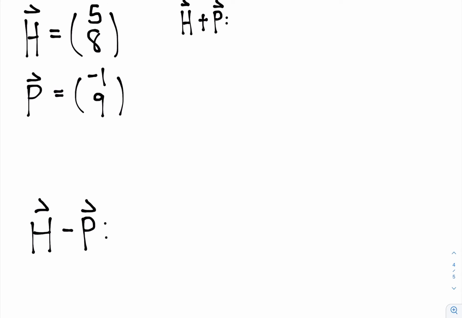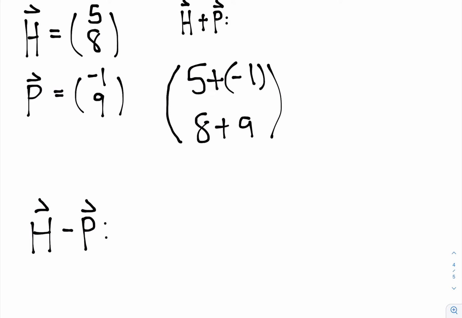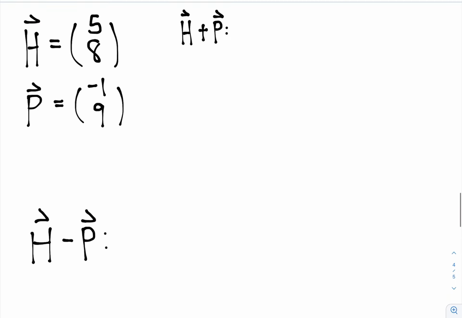So the new components of this vector are going to be 5 plus -1, and then the y components are going to be 8 plus 9. So we're just adding the two components together from each respective vector. And 5 plus -1 is 4. So this is going to be 4, and 8 plus 9 is 17.